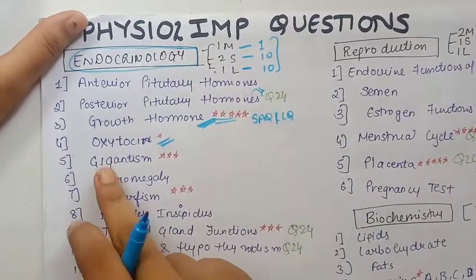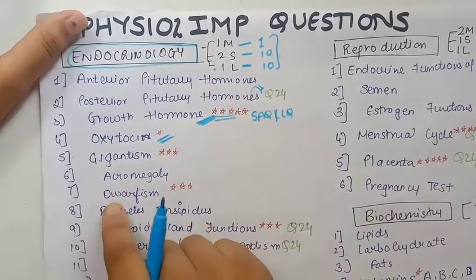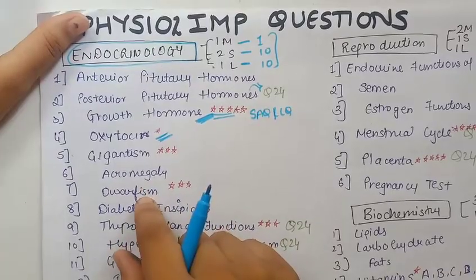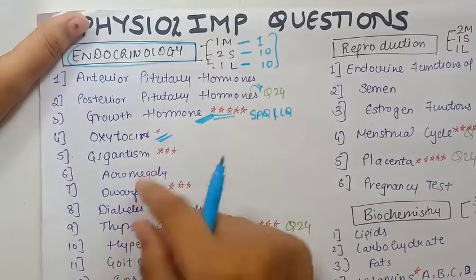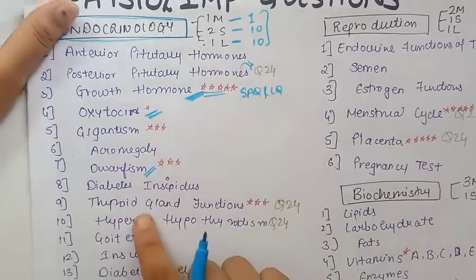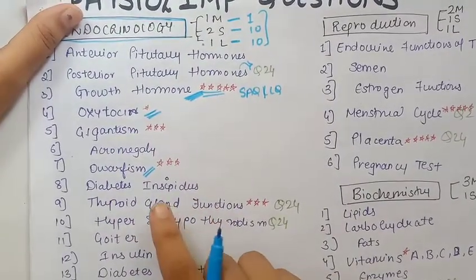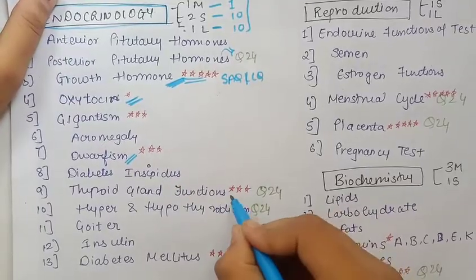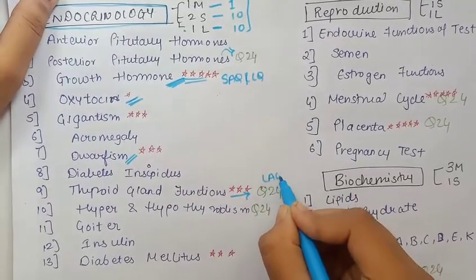Then gigantism is very important. Acromegaly is important. Then dwarfism is very much important. Then diabetes insipidus. Functions of the thyroid gland are important, and it was asked in 2024 for LAQ.